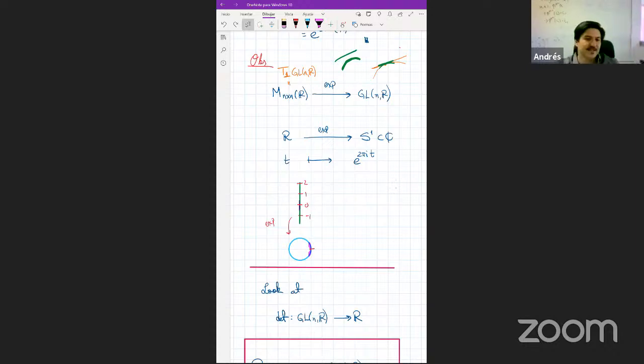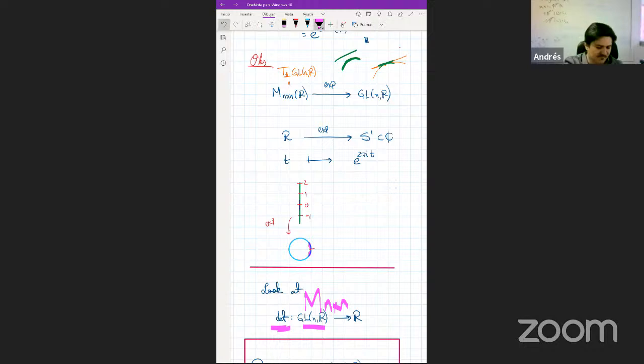Okay? So this map, we have seen it before, the determinant, right? This is a smooth map between smooth manifolds. In fact, remember that we used this map defined here to show that this is an open set and hence a manifold.